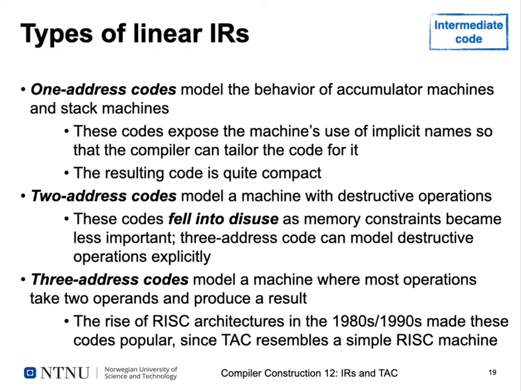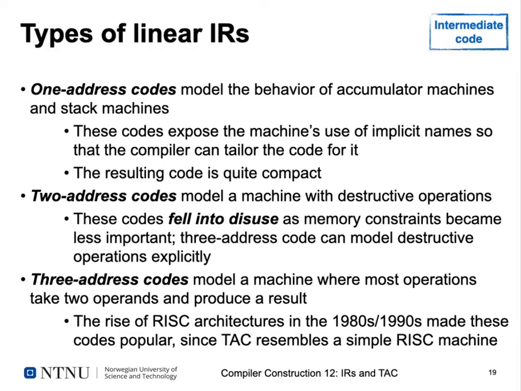So we can add R1 and R2 and store the result in R1 again, but we could not add R1 and R2 and store the result in a different register, R3. So these codes actually fell into disuse. They were used because of memory constraints. Usually these became less important, so memory is cheap nowadays. And essentially two-address codes were replaced by three-address codes.